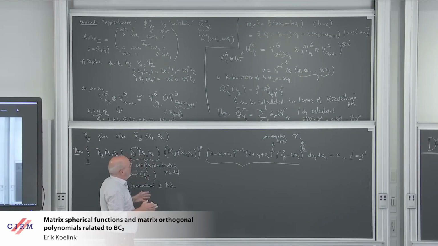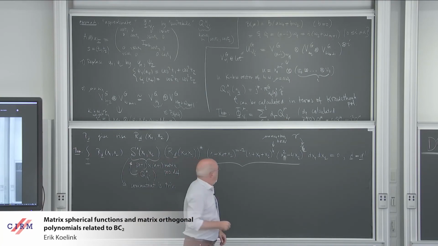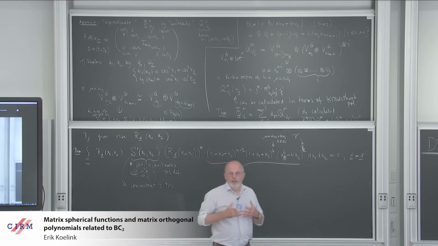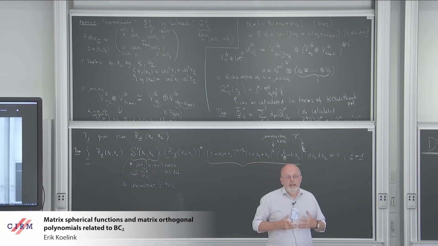So the scalar part for the second order part is exactly the same, and the difference is really in the first order part. There, all the matrices that occur are either diagonal, but not a multiple of the identity, or tridiagonal.